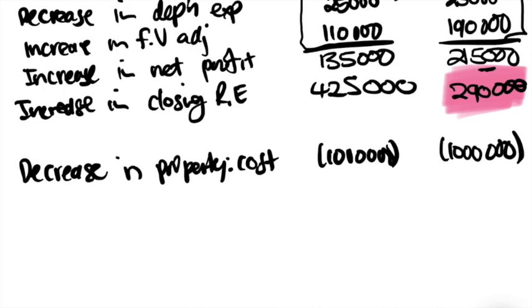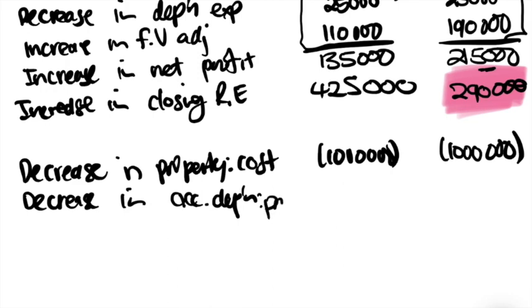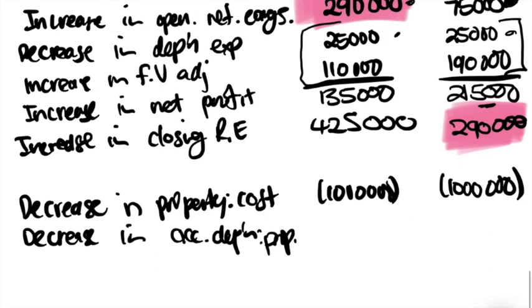Then we're also going to have a decrease in our accumulated depreciation for our property, because there would have been accumulated depreciation on the property, and then the net amount would have been reflected on the statement of financial position. Now, in the prior year, there would have been 2 years of accumulated depreciation, so that's 50,000, and in the current year, there's 3 years of accumulated depreciation, so that is 75,000.